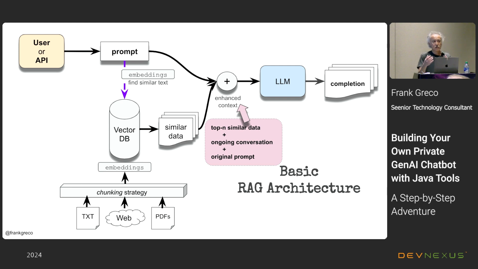I'll talk about what the word similar means, but look for similar things. Take those similar things, maybe the top 10, put them together in my prompt as context, and send that to the LLM. So you have chunks of your documentation, right? It could be your own API documentation or internal company stuff that you keep in a database. And so the LLM has more context to work on. So that's the basic RAG architecture.